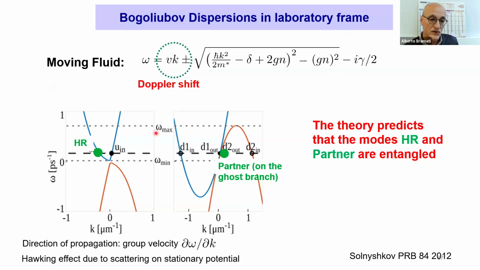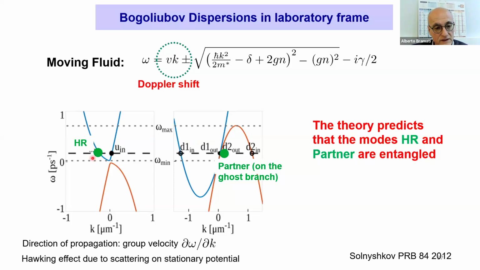These are the dispersions in the subsonic region, where the speed of the fluid is quite moderate, so they are not very strongly modified. But in the supersonic region, where the Mach number is very high, we observe a strong modification of the dispersion relation. In particular, the normal branch is pushed toward negative frequency, and the other branch, the ghost one, is pulled toward positive frequency.